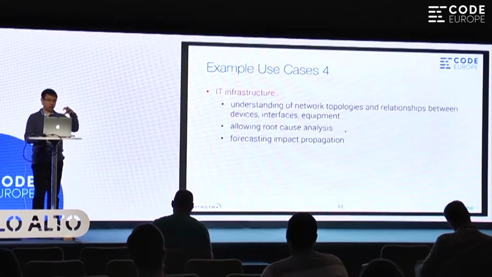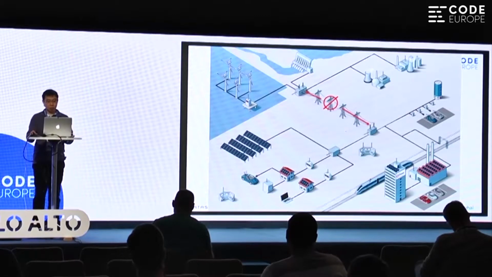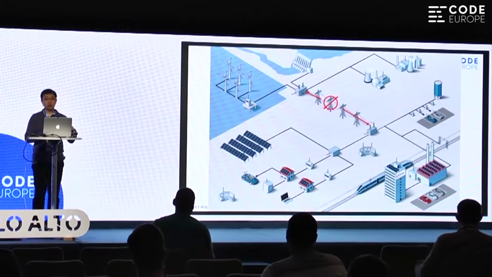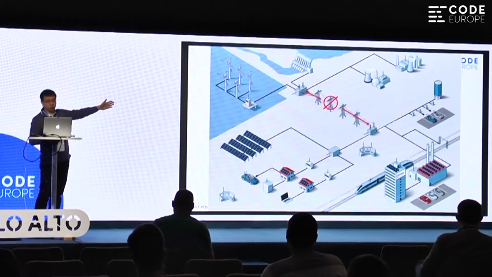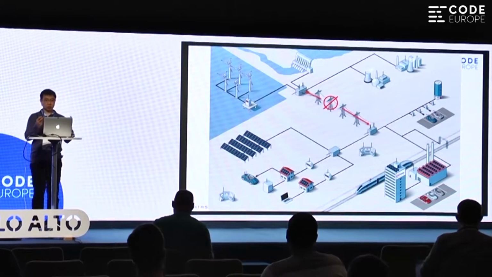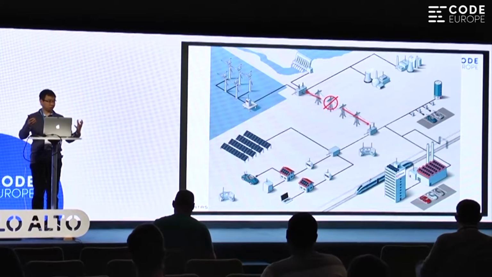For example, you have connected devices in your infrastructure, and you want to know if, for example, here is a power network. So if some equipment goes offline, what are the influences on the other equipment? Do I have a power shortage here on the right and some power shortage on the left, and so on? So you can model those equipment as nodes in a graph and analyze the impact of each equipment going offline.